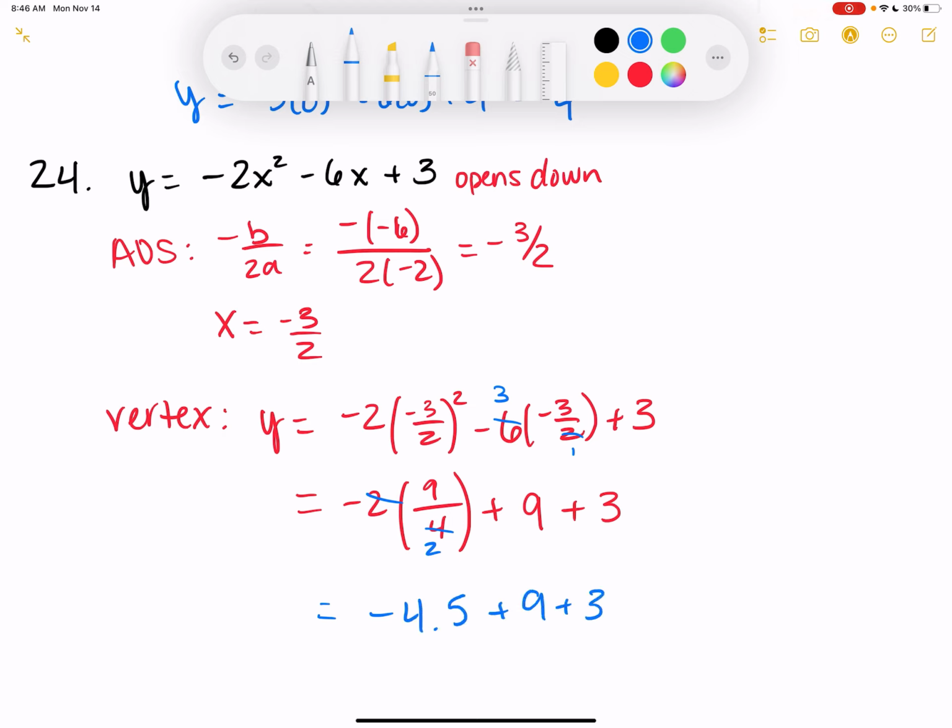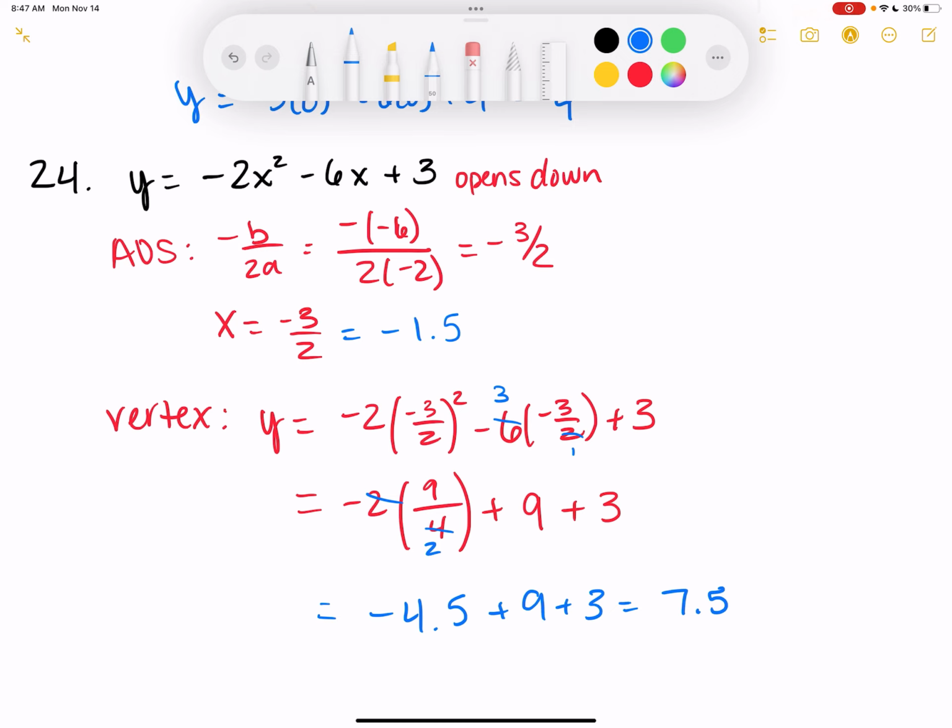I'm doing this because I don't feel like getting a common denominator. So 9 plus 3 is 12 minus 4.5, so that's 7.5. And I probably would rewrite my axis of symmetry as negative 1.5, just for the sake of having everything either as decimals or fractions. But again, as long as you know what it means and you know how to graph it, that's fine.